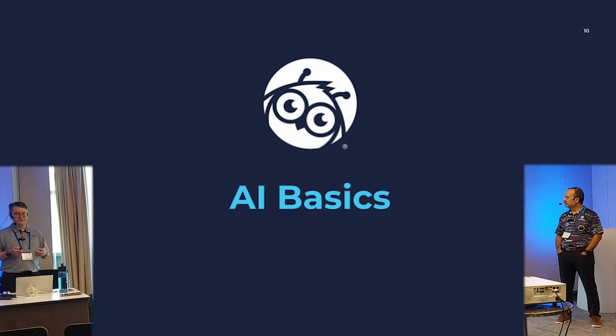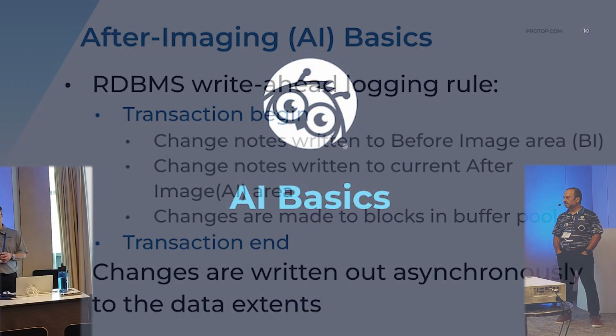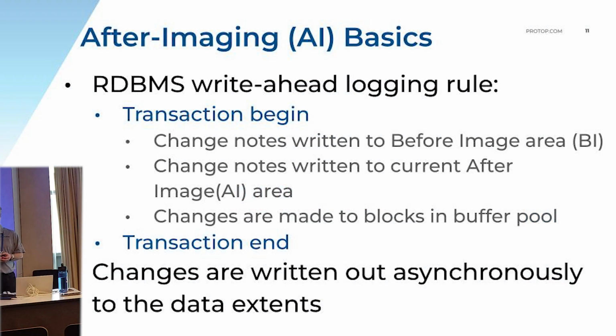So we'll talk about some of the basics from a theory perspective about the way that AI works. So this is all about changes happening in your database. In the database, we have what's called a write-ahead logging rule, and that dictates the order in which change operations happen within the database.